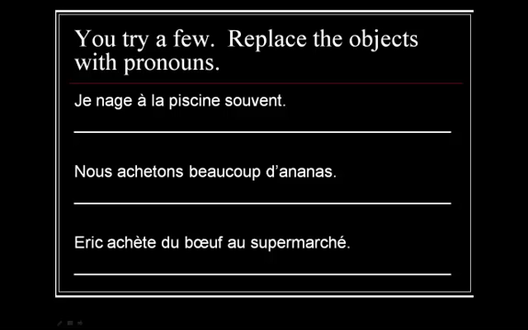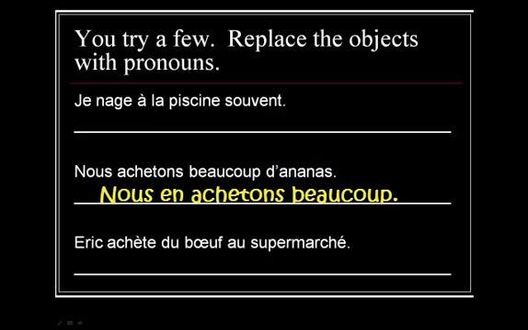Okay, so hopefully you paused it and you tried this. To say, I swim at the pool often, j'y nage souvent. To say, we are buying a lot of pineapples, we would replace d'ananas, the word de, and the noun that follows it with en, and that would go in front of achetons. Nous en achetons beaucoup.